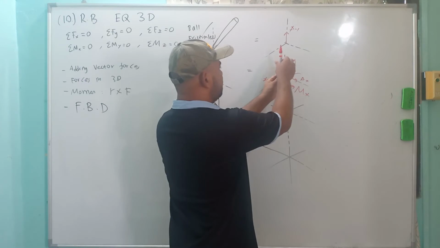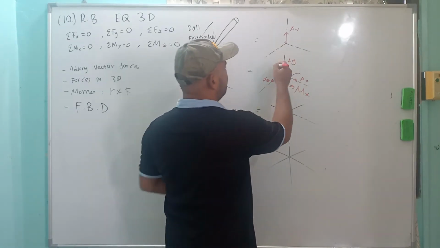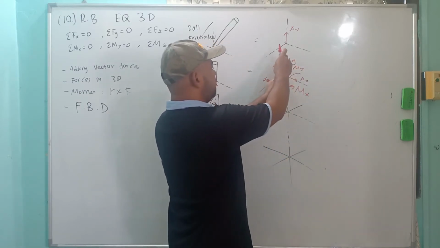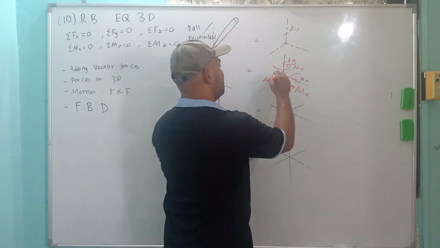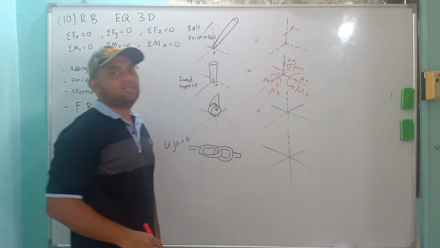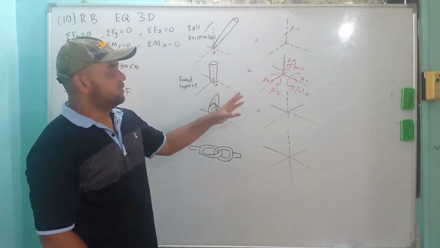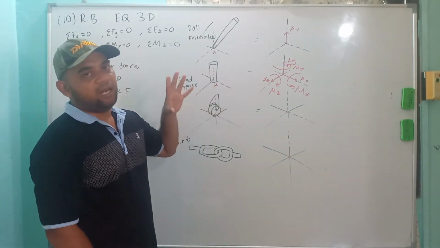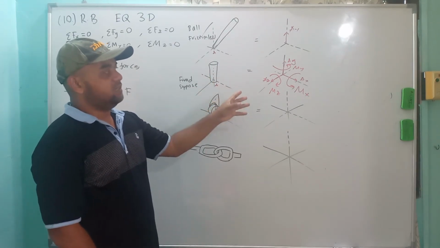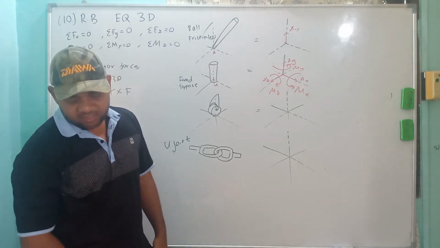Now it wants to rotate along the Y axis, but it is held fixed, so there will also be one moment on Y. Now it wants to rotate in the Z direction, so it also will have a moment in Z. So for the fixed joint, you will see there is the maximum reaction, which is 3 forces and 3 moments. That's for the fixed joint.